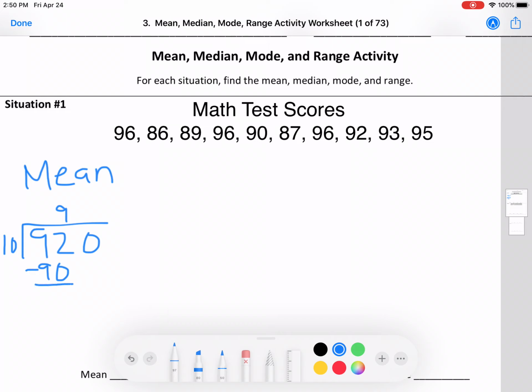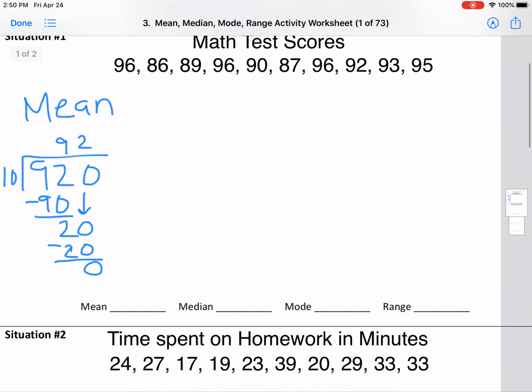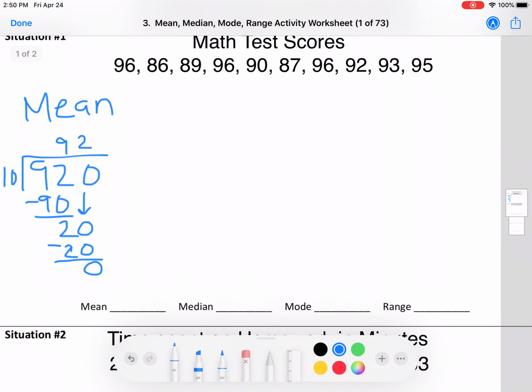Subtract and I get 2. Bring down my 0. 10 goes into 20 2 times. 2 times 10 is 20. Subtract and I get 0. So my mean is 92.